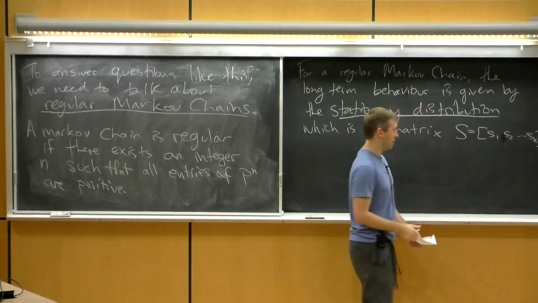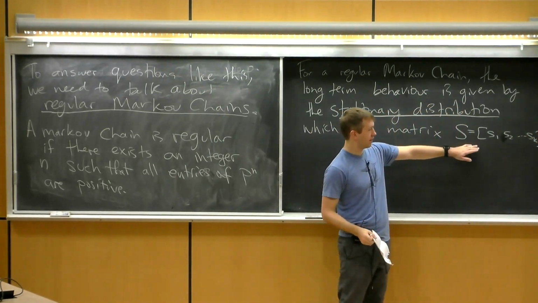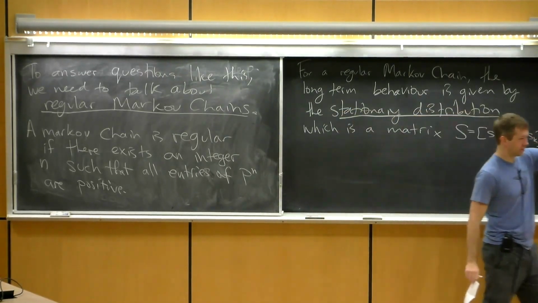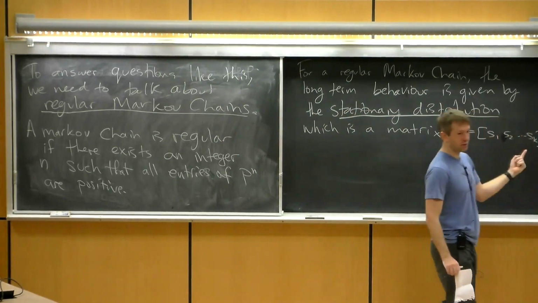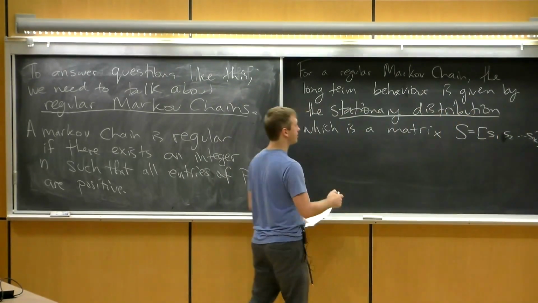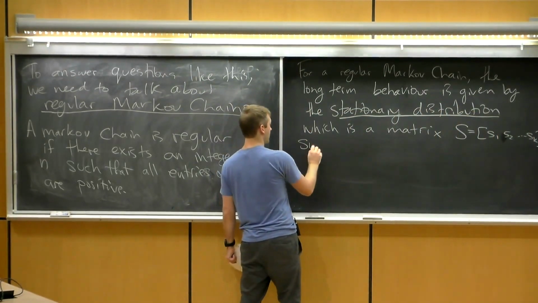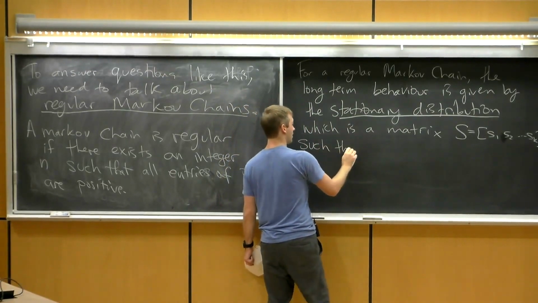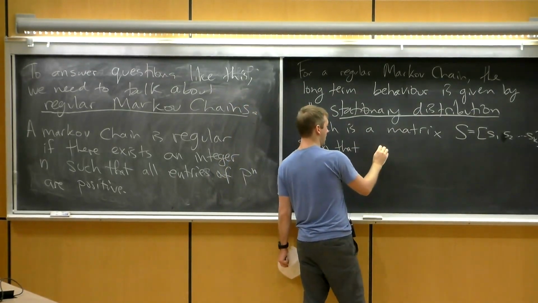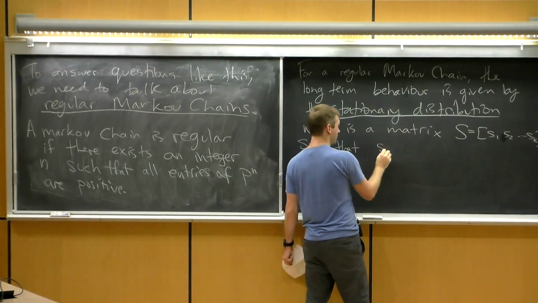So here I'm assuming there are k states. For example, over here there's 3 states, so this would just be S1, S2, S3. Such that 2 things happen.